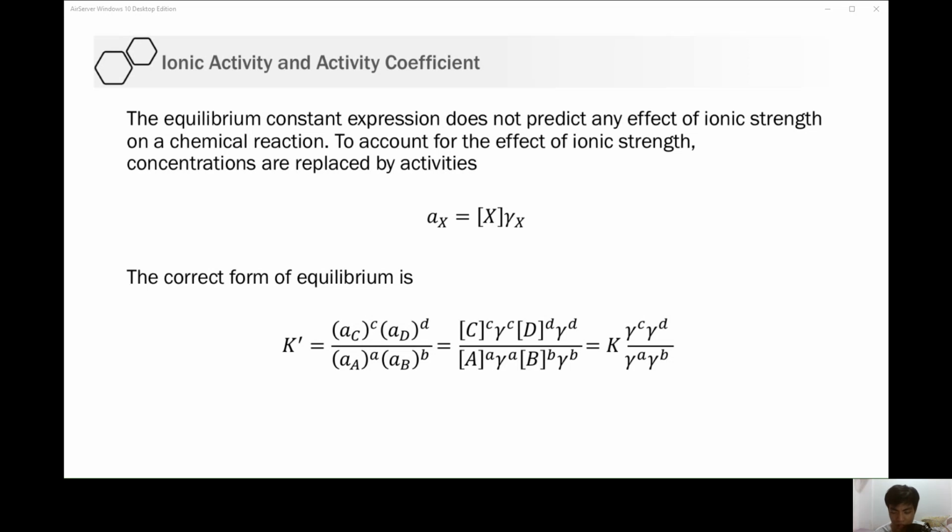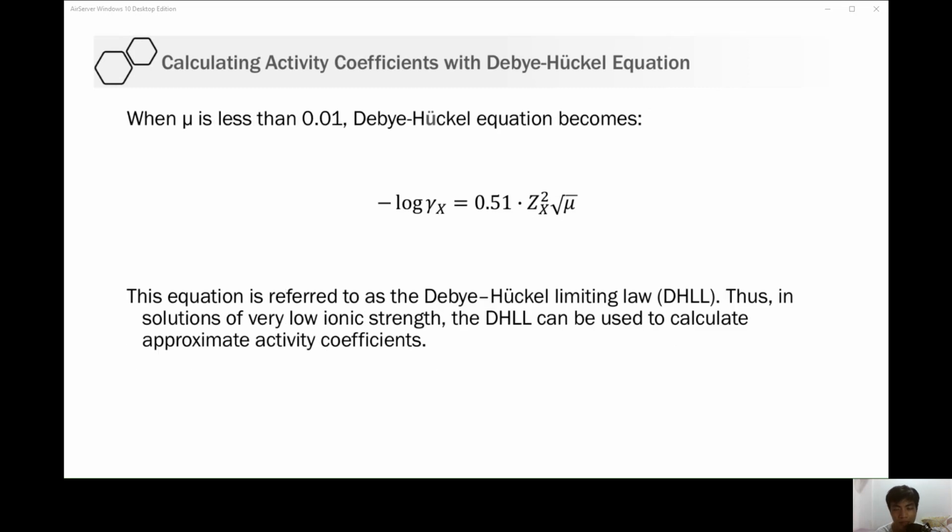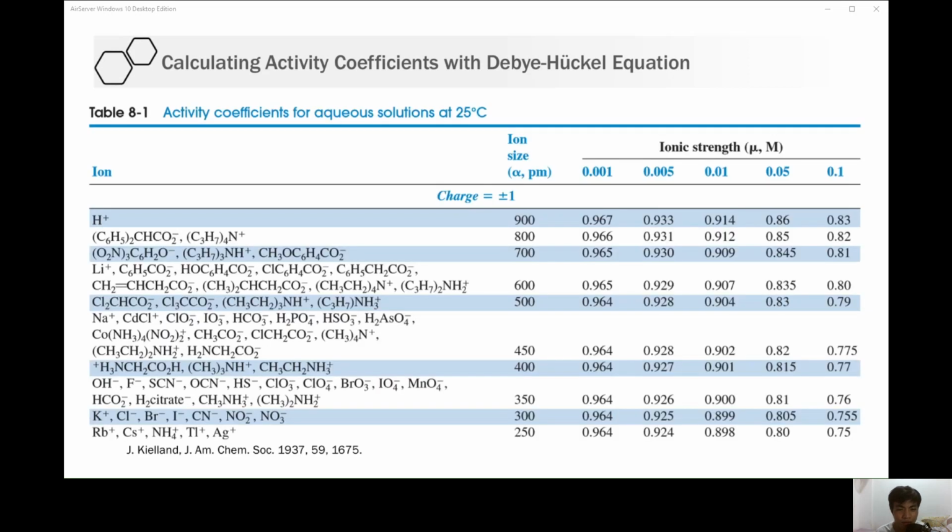The activity coefficient includes the effect of diverse ions, and that can be calculated using the Debye-Hückel equation or the Debye-Hückel limiting law. Okay. However, for our convenience, we already had a table that shows us the corresponding gamma values for each ionic strengths listed there.